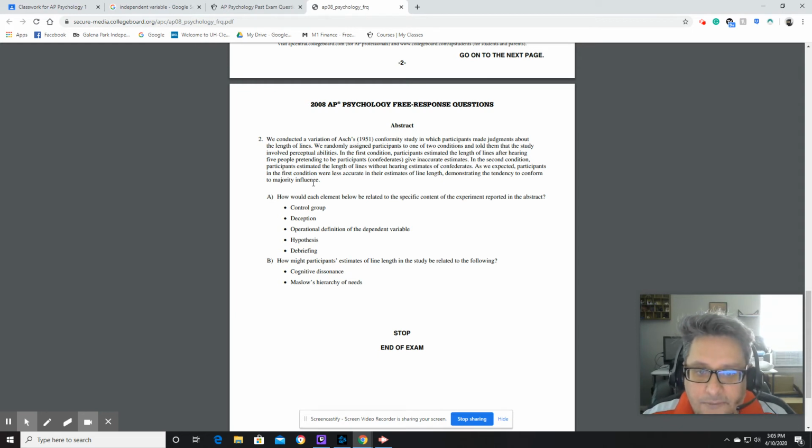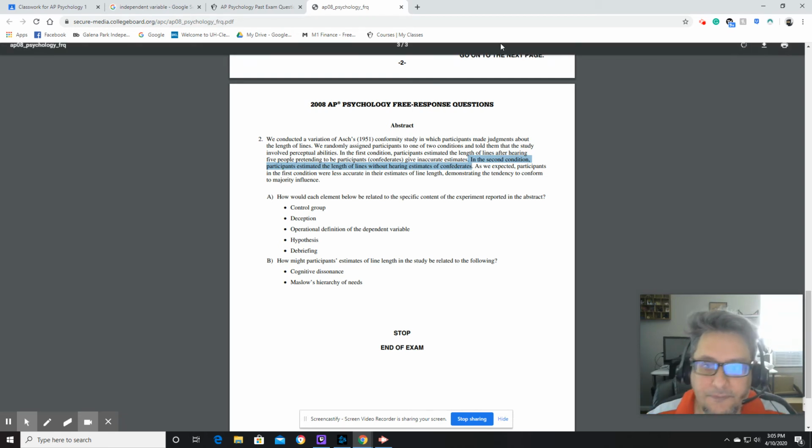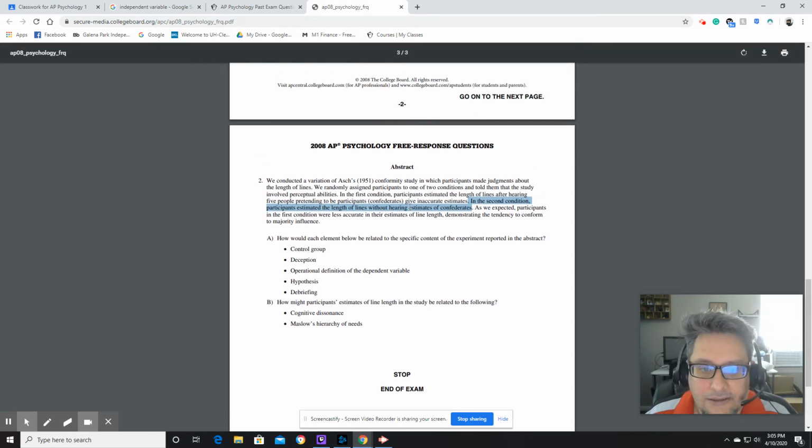So we go back up to the abstract. The control group is these people. In the second condition, participants estimated the length of line without hearing the estimates of the Confederates. This is so that they have a baseline of people who got it wrong without the Confederates messing them up.